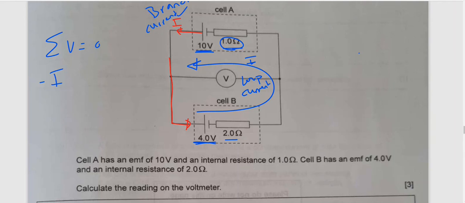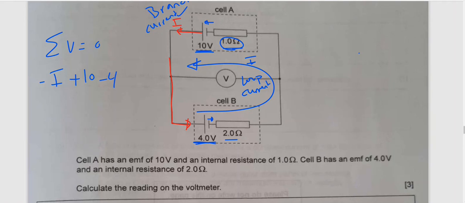Now the loop goes to the positive side of the battery, so it will be positive 10, the voltage of the battery. Now we'll continue. The loop current is in the same direction as the branch current, and it goes to the negative side of the battery, so it will be negative 4.